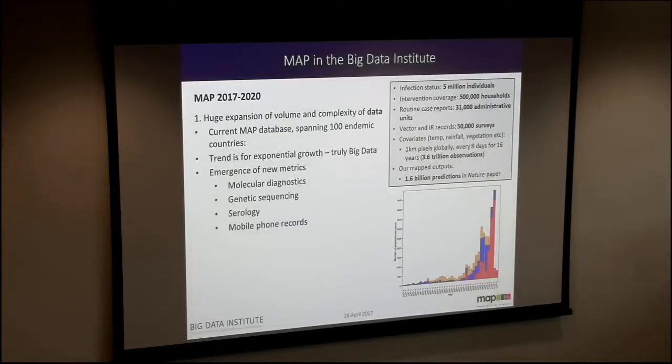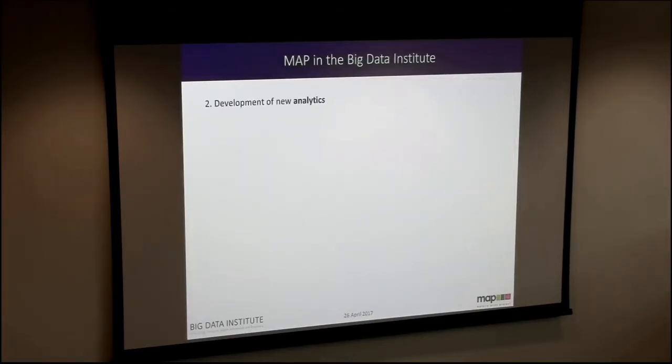And this is likely to only get increasingly more so as we gather data from molecular diagnostics, include data on genetic sequencing and serology, and mobile phone records in order to measure things like population movement. And our relocation here is integral for this, just for the computational architecture to be able to do this and store the data and run our models, and the expertise for how best to do so.